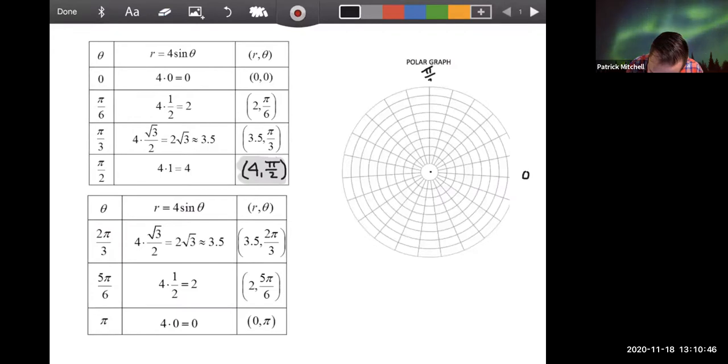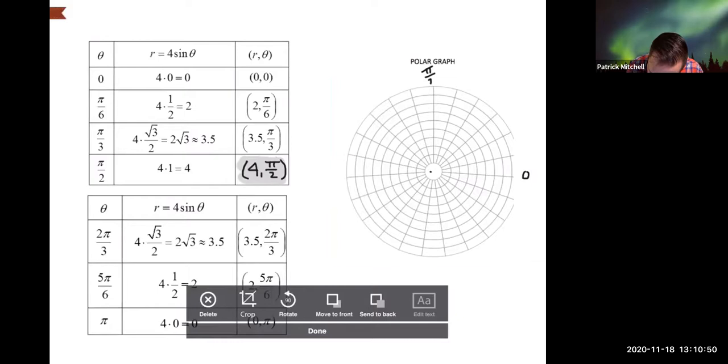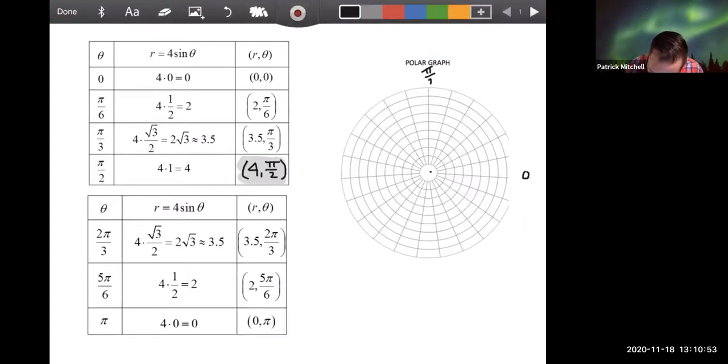So these are going in increments of pi over 12. That means this is 2 pi over 12. This is 3 pi over 12, aka pi over 4. And then 4 pi over 12, this is pi over 3 right here. Okay, we got it.